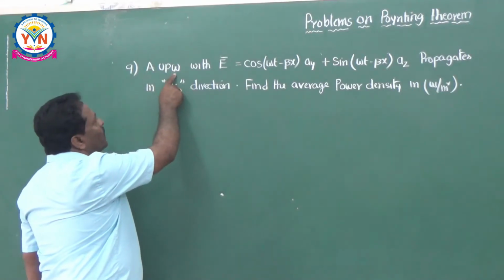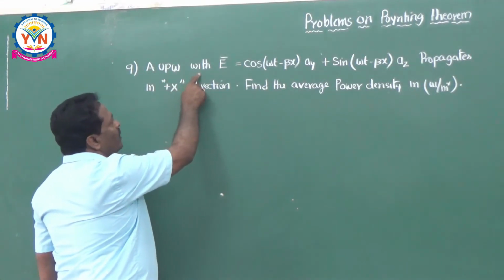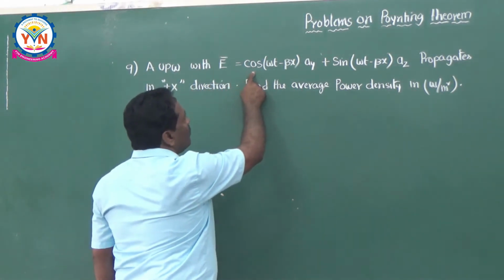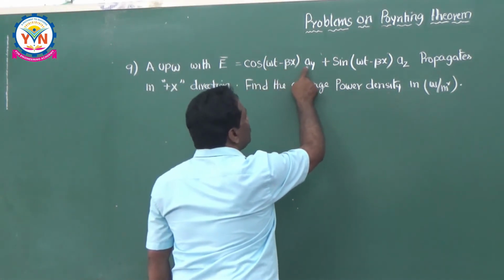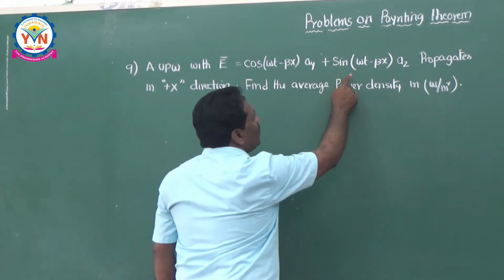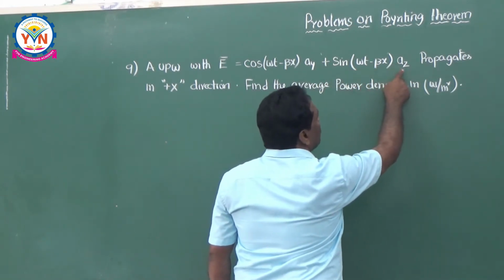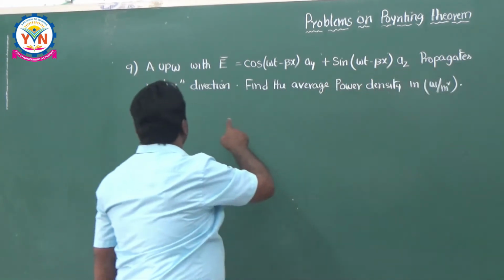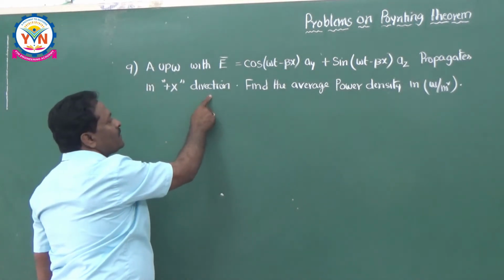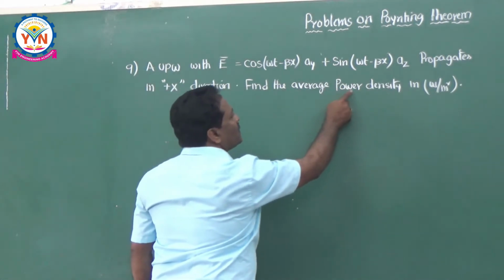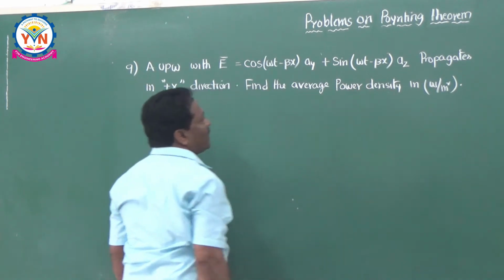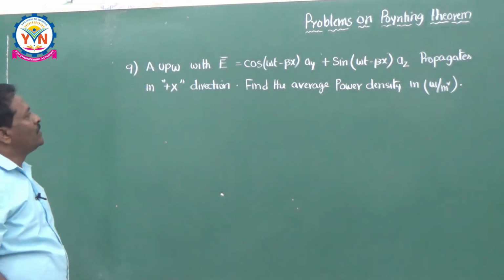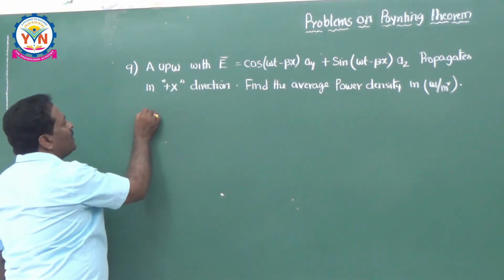A UPW, uniform plane wave, with E bar is equal to cos of omega t minus beta x into ay plus sine of omega t minus beta x into az volt per meter, propagates in positive x direction. Find the average power density in watts per meter square.